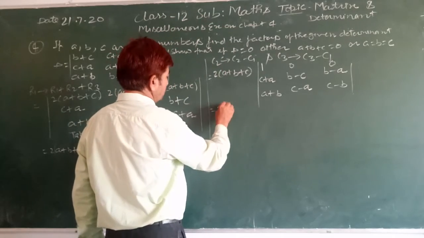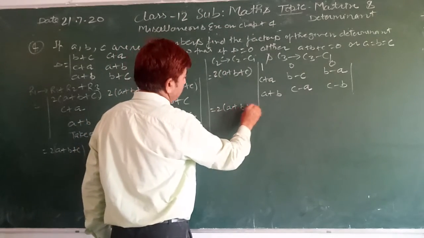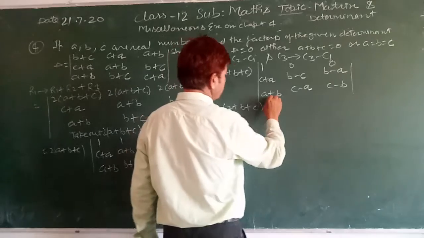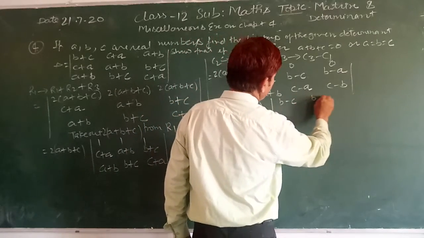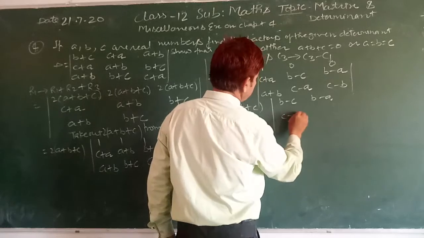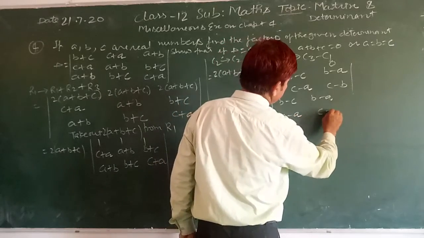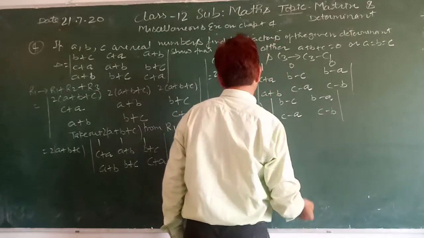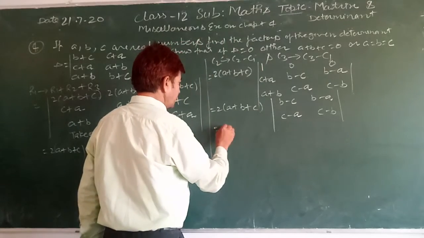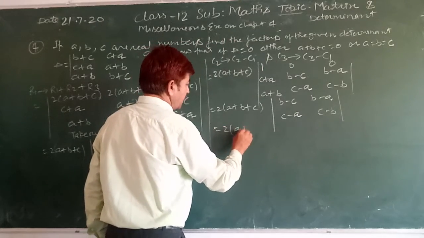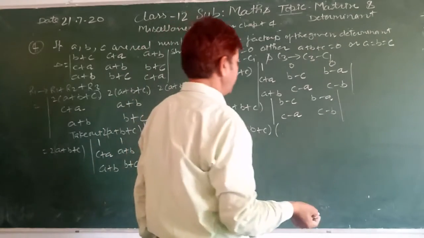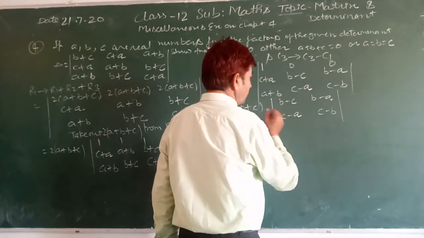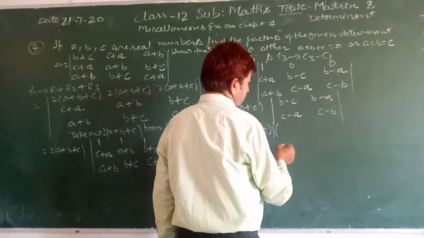Then it is equal to twice A plus B plus C times the determinant with rows B minus C, C minus A, and B minus A, C minus B. On expanding, first we multiply the elements of the leading diagonal.